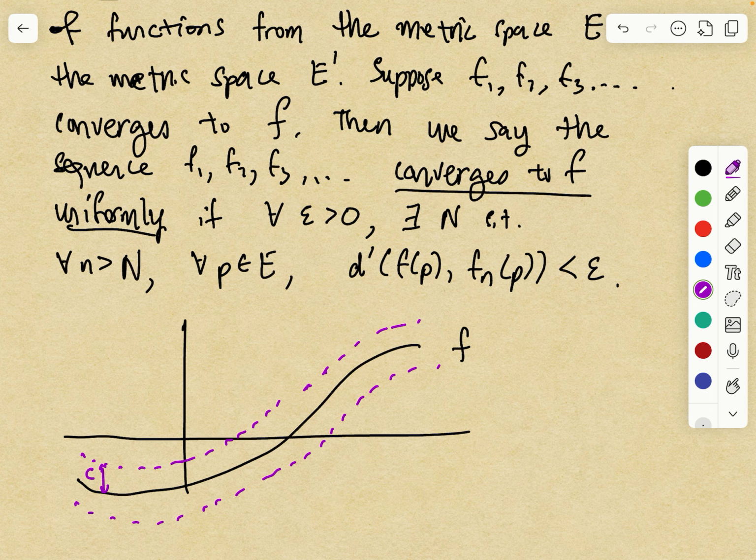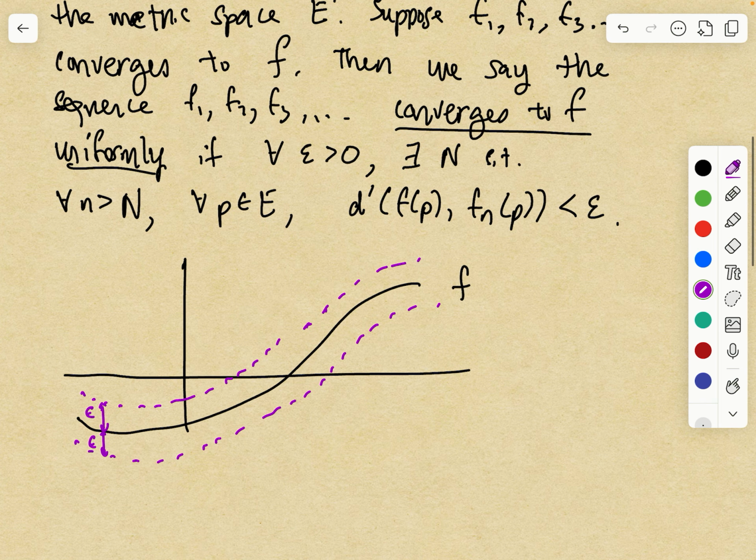So this distance is epsilon, this distance is epsilon. Eventually, past some capital N, all the fn's stay within this epsilon band. So all your fn's for n greater than some capital N will lie in this epsilon band.